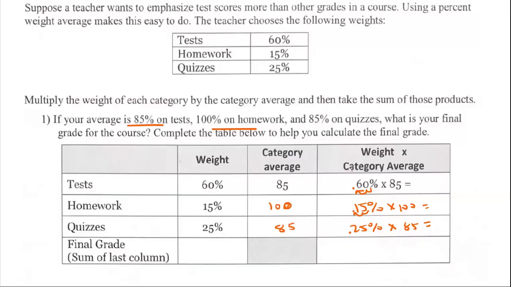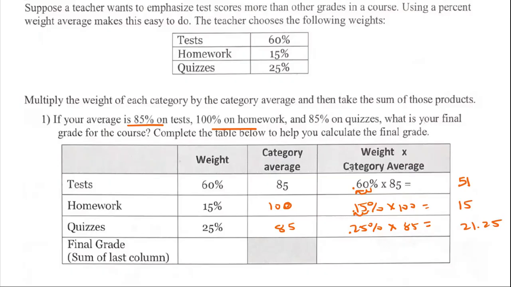For the first one, we should get 51. The second one, we have 15. The third one, we have 21.25. Let me talk about what this means, and this is essential, especially in this class and any class that does weighted averages.